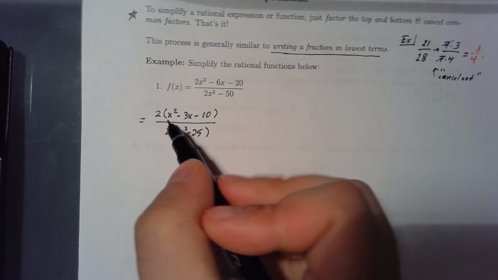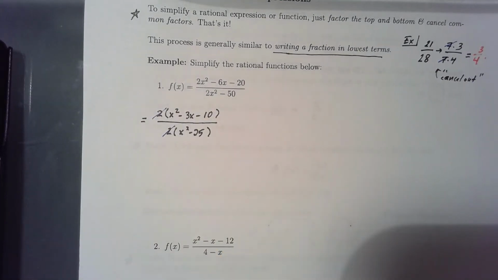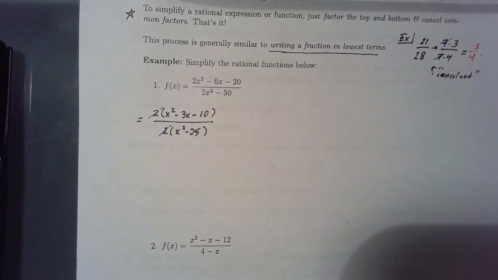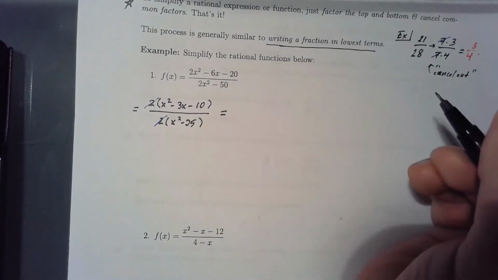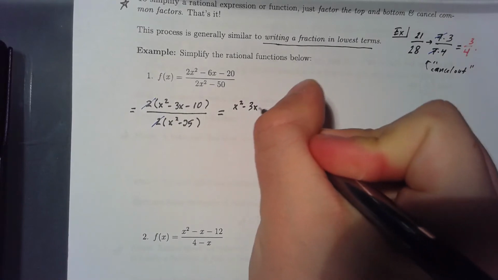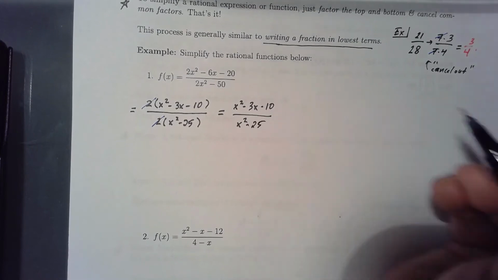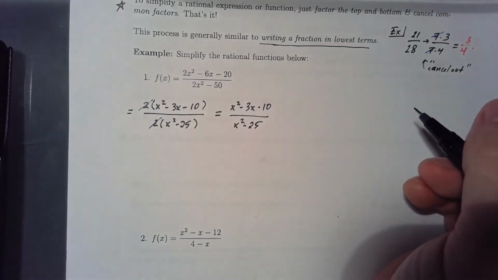What happens to these 2's right here? They cancel out. So now I'm left with x squared minus 3x minus 10 in the numerator, all over x squared minus 25 in the denominator. Well, I got to keep going.